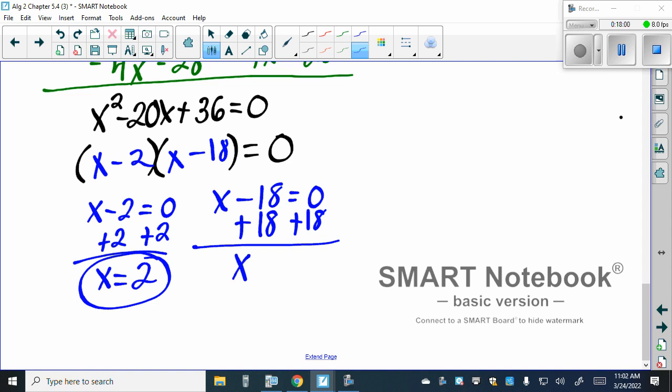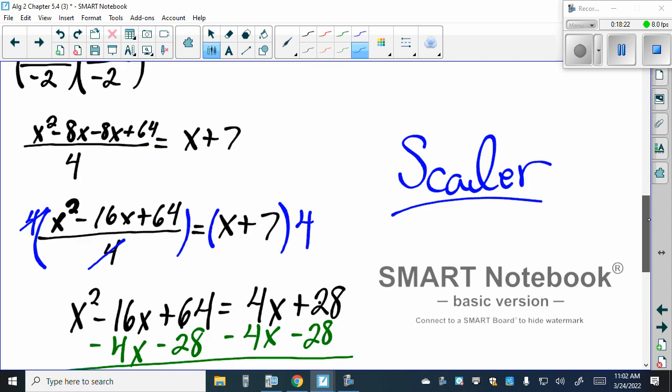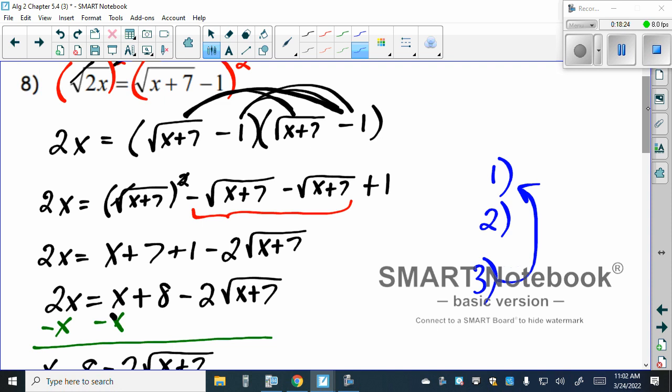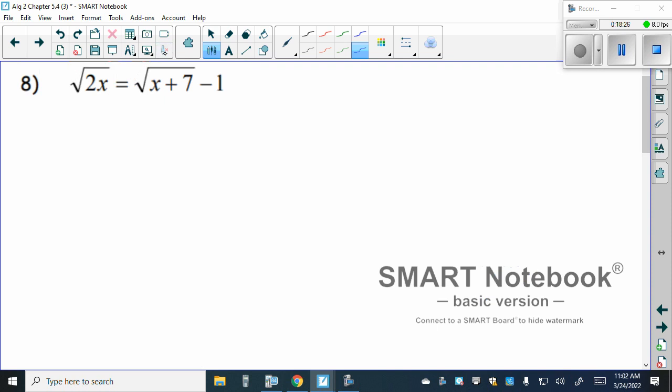Add 18, saying x is equal to 18. And as we've seen so far, since they're both positive, most likely both are going to work, yes? But it's good to go on and check. Any questions before we check these here? x equals 2, comma, 18.